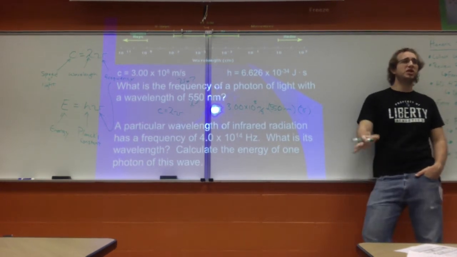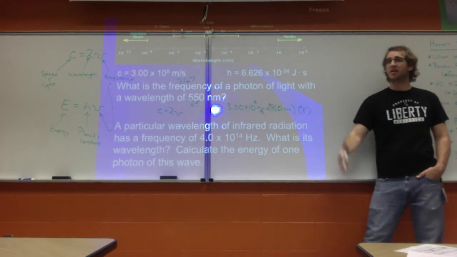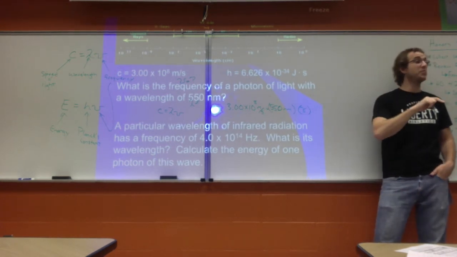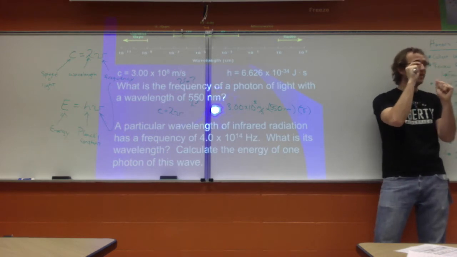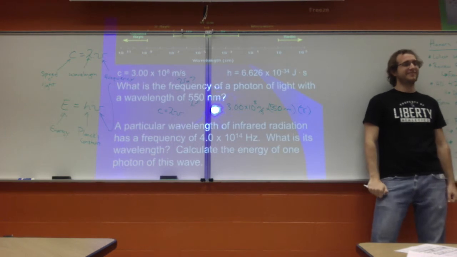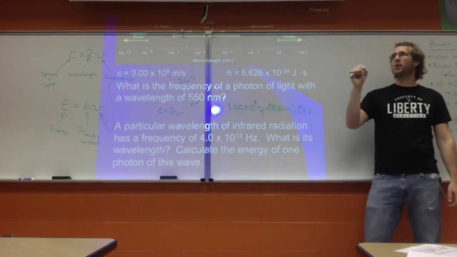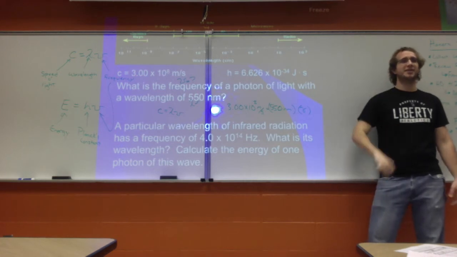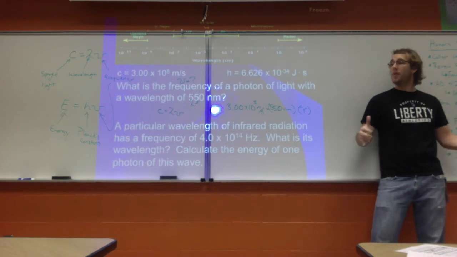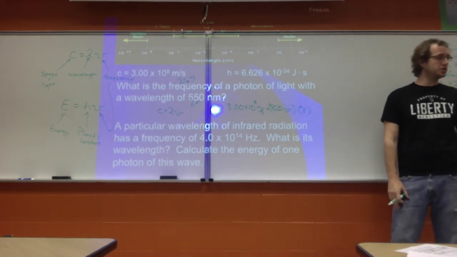If we were to solve it just the way we have it right now, nanometers and meters aren't going to cancel. It would be meters per nanometer second. It would be ugly. So the way we have it written right now, this ain't going to work. We need to change our units.